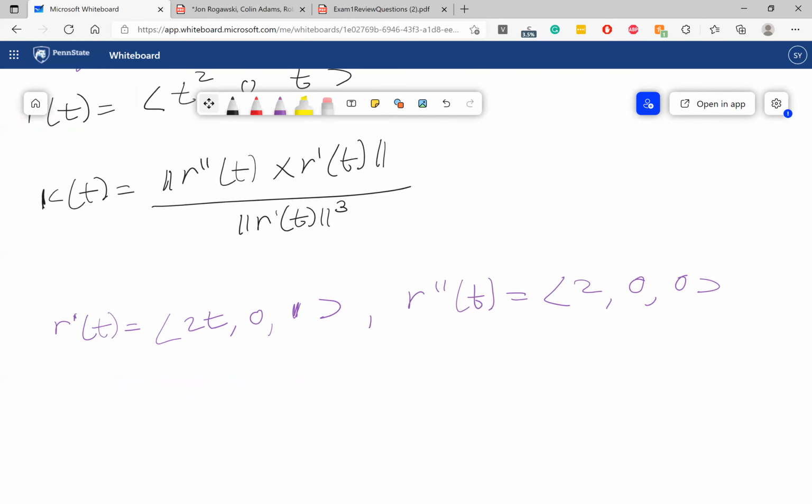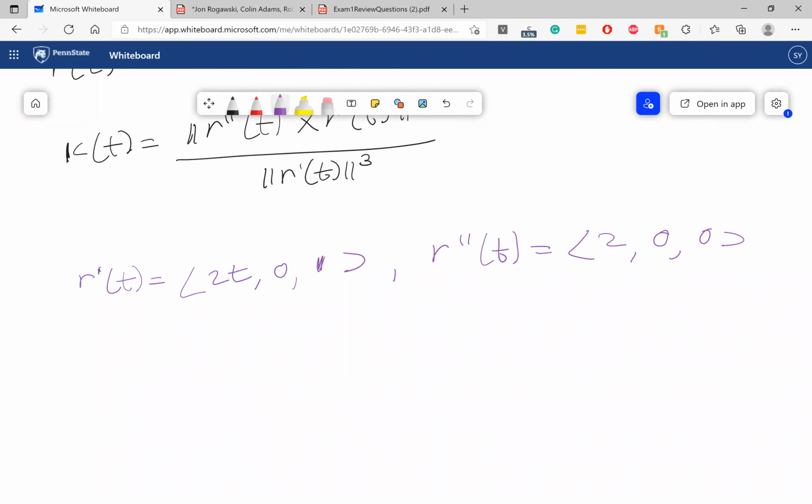So now the question is, what is their cross product? What is r double prime of t cross r prime of t? That's going to be the determinant of the matrix with rows i, j, k; 2, 0, 0; 2t, 0, 1.